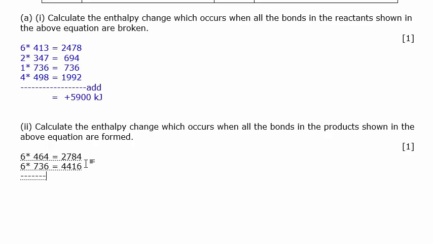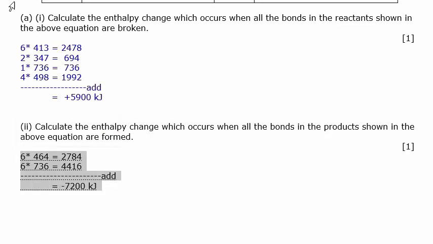Add these together, and we get 4416 plus 2784, 7,200. But this is negative 7,200 because this is the energy released when bonds are formed.